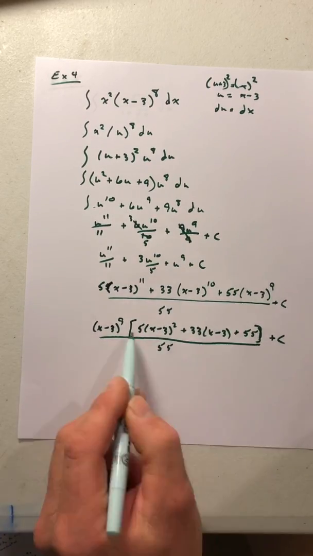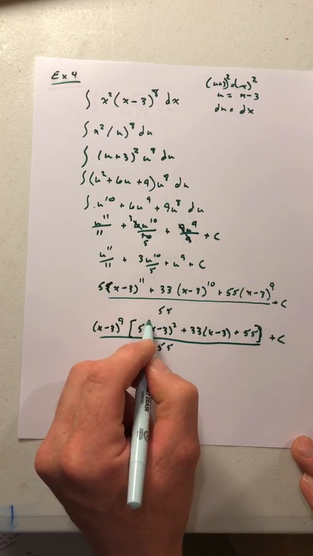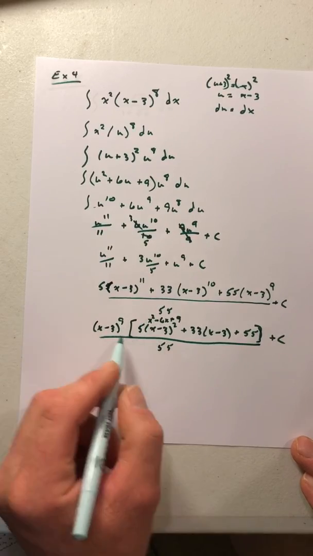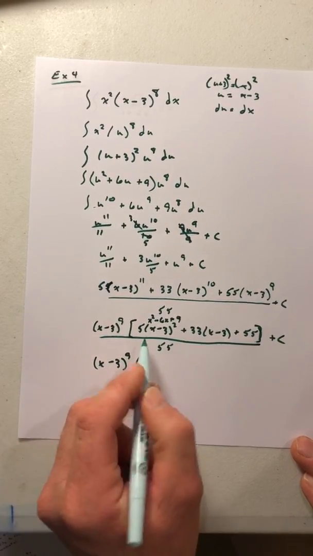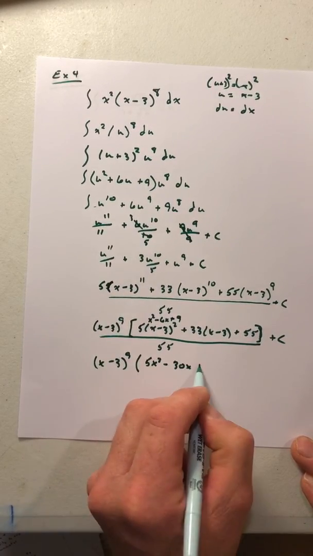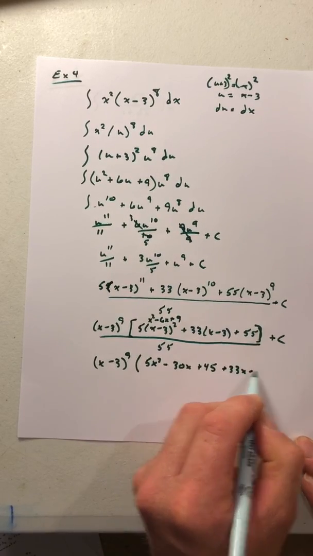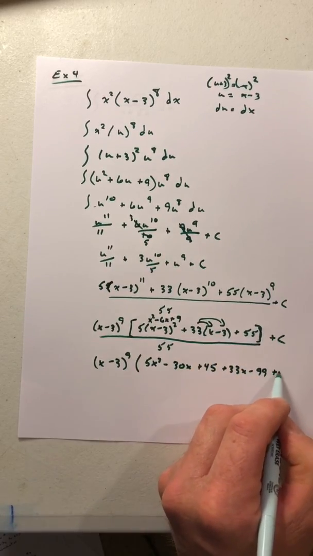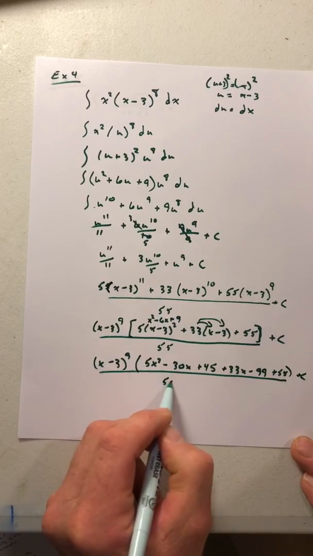We can clean up the inside of the brackets. X minus 3 squared, well, that's x squared minus 6x plus 9. I can multiply my 5 through. So I have x minus 3 to the 9th times 5x squared minus 30x plus 45 plus 33x minus 99, multiplying my 33 through, plus 55, plus our c, all over 55.